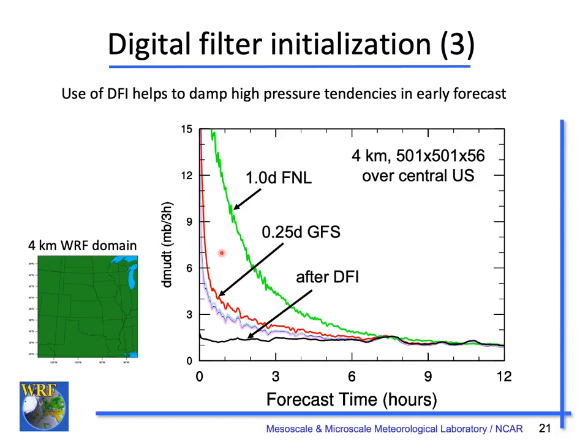The plot also shows that the DFI is very effective in removing this initial adjustment and brings the model into a balanced state right from the start, as shown by the black line on this plot.